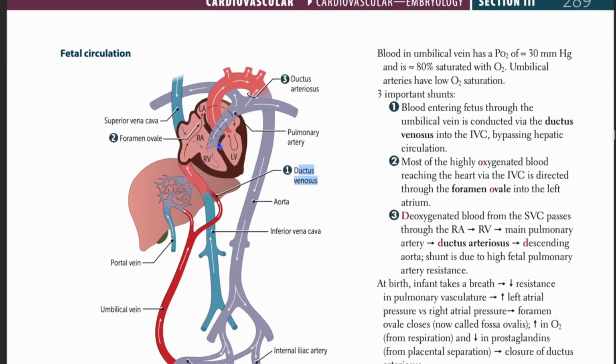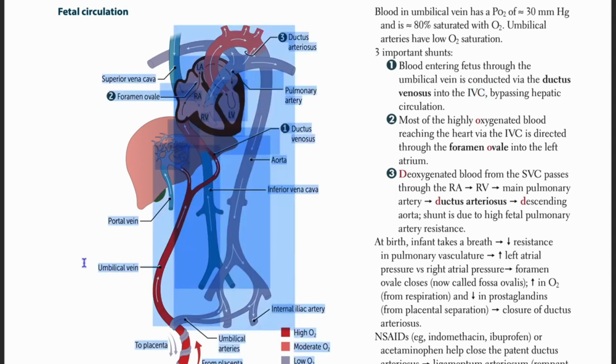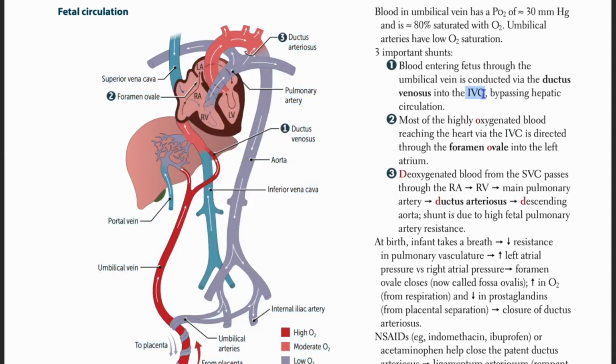After it bypasses it, it goes into the IVC. I think this is the one they ask: after the blood travels through the duct, which vein does it go into? It's the IVC, not the superior vena cava, the inferior one.